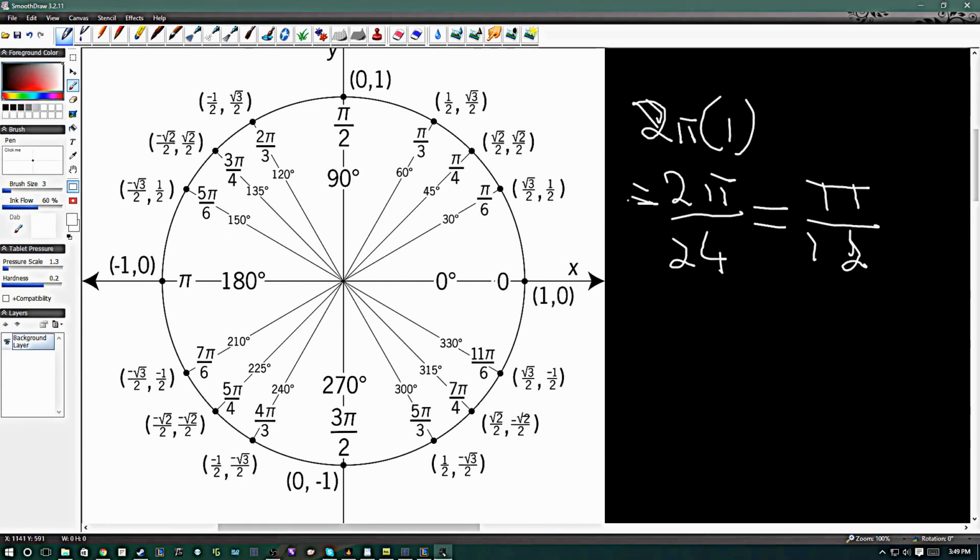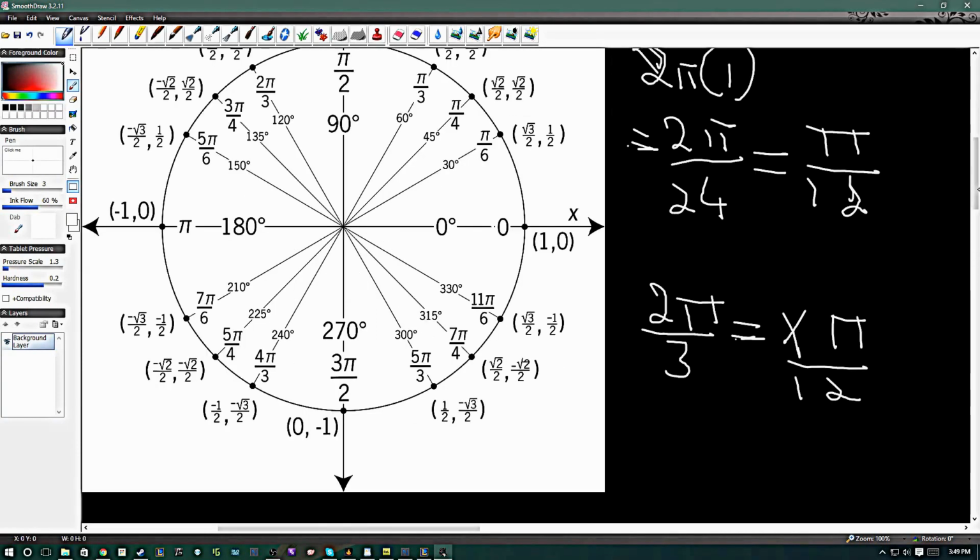So for example, we have an angle measure 2 pi over 3. We can set it equal to this proportion: 2 pi over 3 is equal to x amounts of pi over 12 radians.